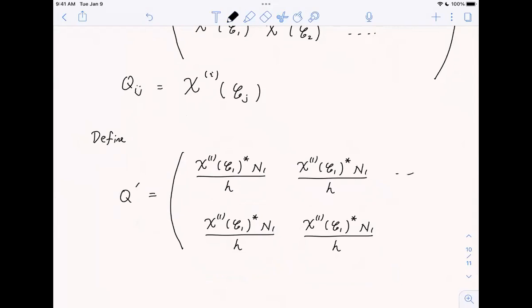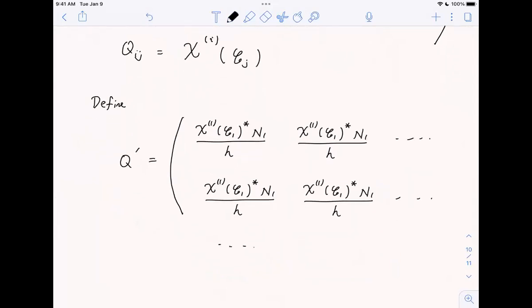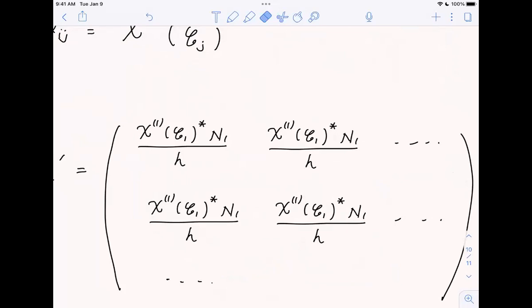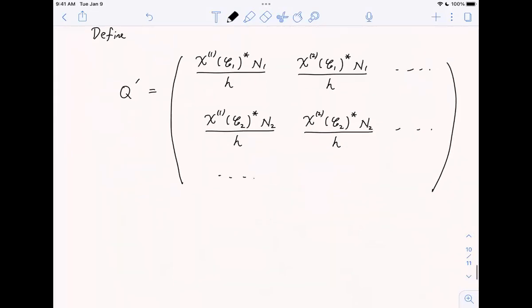Clean up, dot, dot, dot. Okay, so let me see. We're going to change the index. This will be 2, this will be 2, 2, and then this will be 2, this will be 2, and then this will be 2, 2, 2.